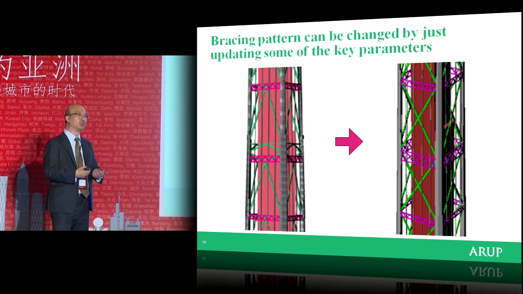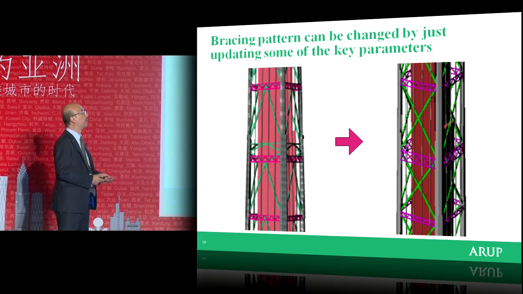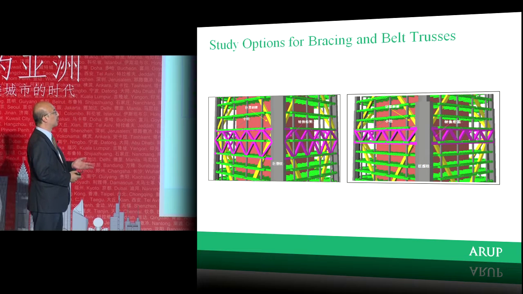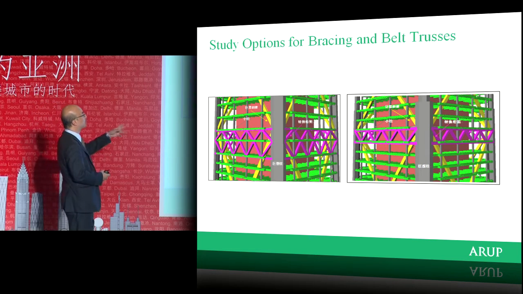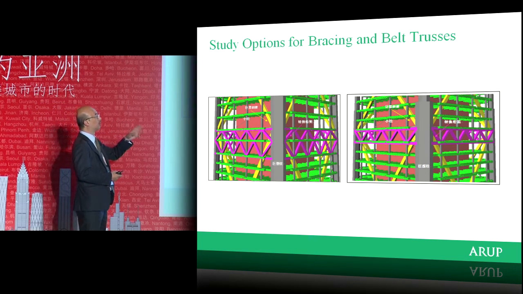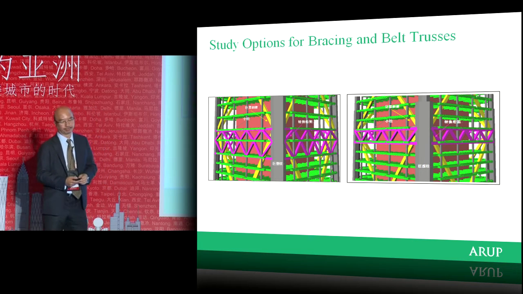This can help us do an option study, to help the architect see which one is the best in terms of artistic and also structural behavior. This is another one, showing the double layer belt truss or single layer belt truss, etc.